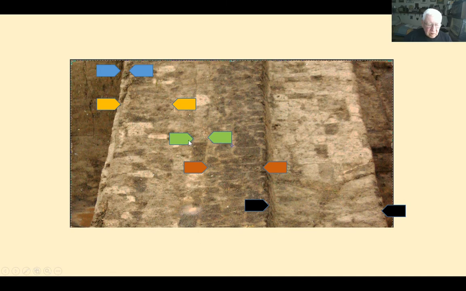Next we have a small wall between the green arrows. And next is a wall made of gray bricks, and this is a small space, and next a wall made of various bricks, light and dark, between the black arrows.